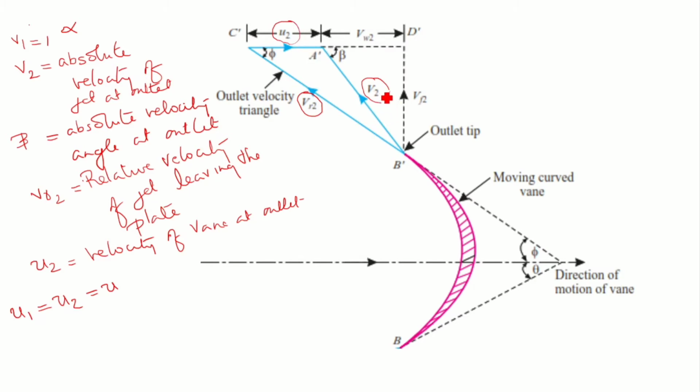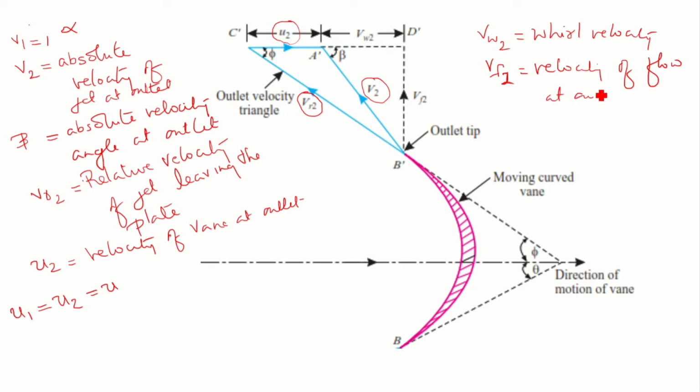We know that Vw2 is the velocity of whirl at outlet, and Vf2 is the velocity of flow at outlet.